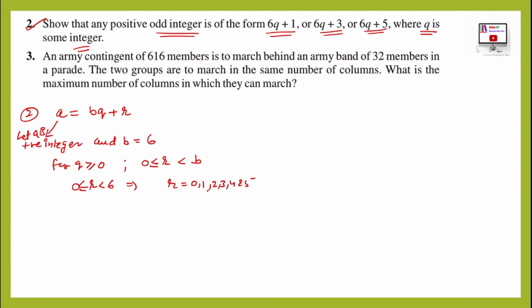So from equation 1, a can be, if r is 0 and b is 6, 6q. So now this equation becomes, यहाँ पर हम लिख लेते हैं, for b is 6, a is equal to 6q plus r.